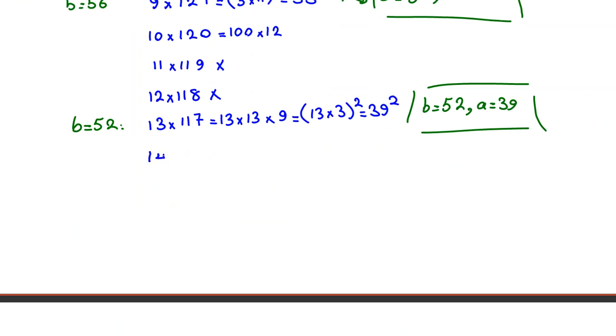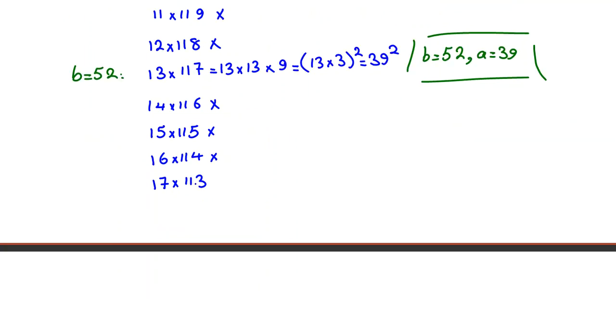The next one, 14 times 116. Here 116 is it a multiple of 7? 70, 30, 46. It's not a multiple of 7. Next one, 15 times 115. It's not a multiple of 3. 16 times 114. 16 is a perfect square, 114 is not a perfect square. 17 times 113.